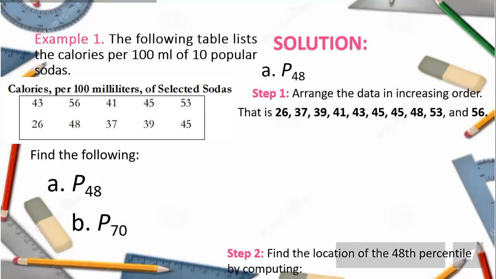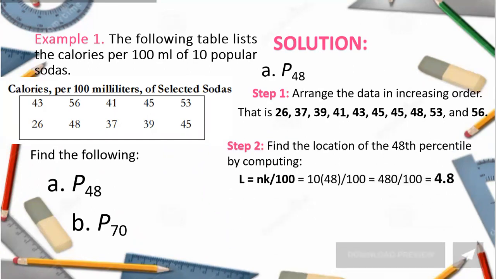Step 2 is to determine the location of the 48th percentile by using the formula n times k divided by 100. In this example, n is 10, since we have 10 popular sodas, and k is the unknown percentile, so we have 48 divided by 100. 480 divided by 100 gives us 4.8.